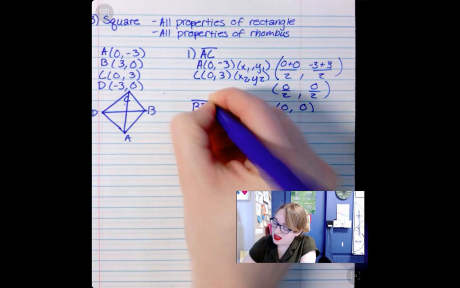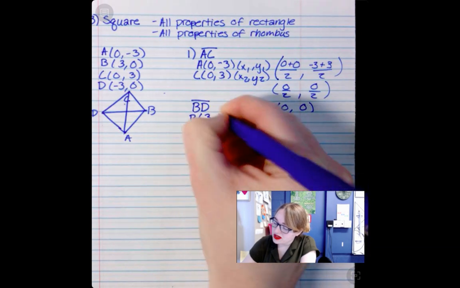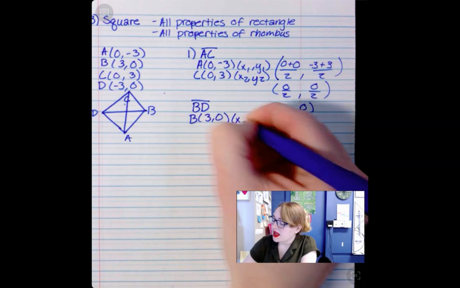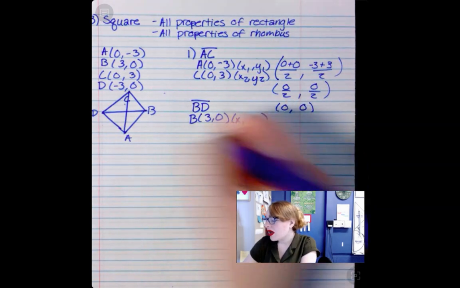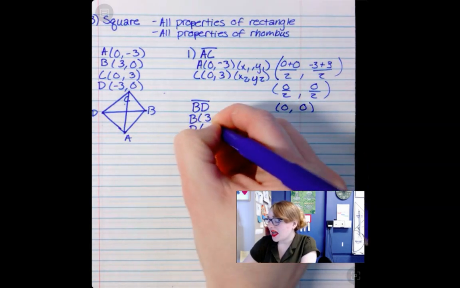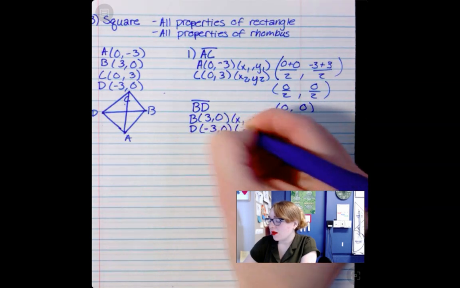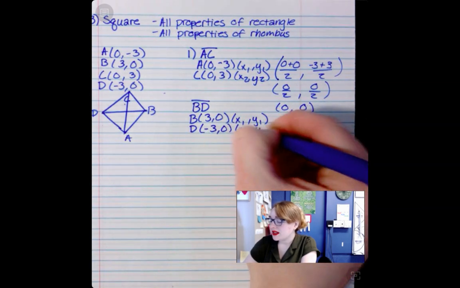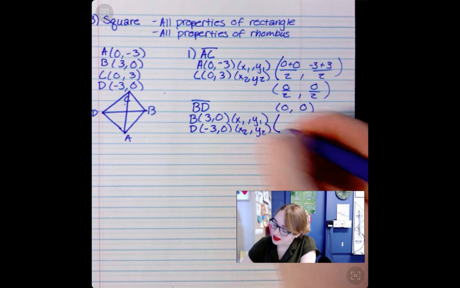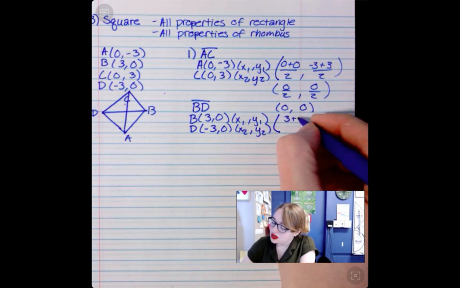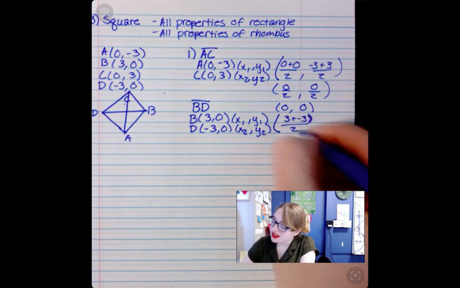Okay, now we're going to go ahead and do the midpoint for BD. So point B is at (3, 0), which I'm going to make my x1, y1. And then D is at (-3, 0), which I will make my x2, y2. Okay, plugging these in, our x1, which is 3, plus our x2, which is -3, divided by 2.